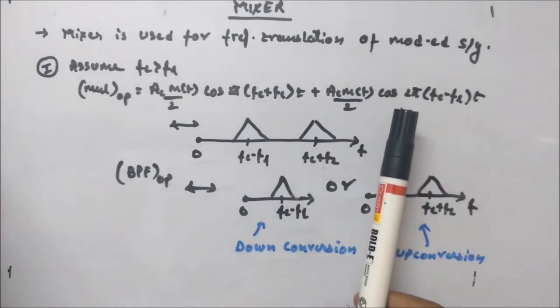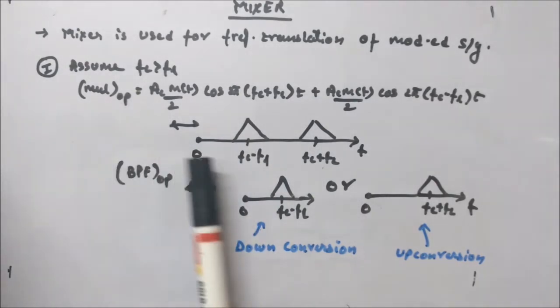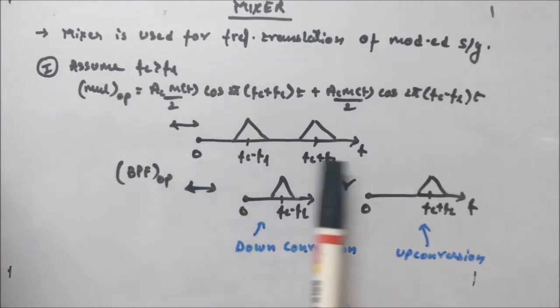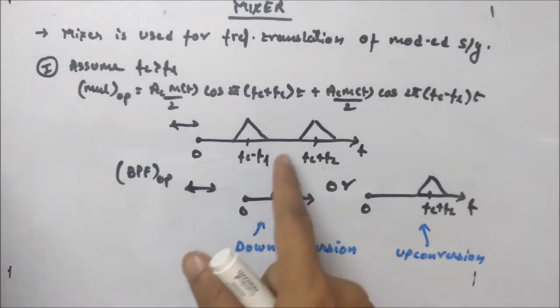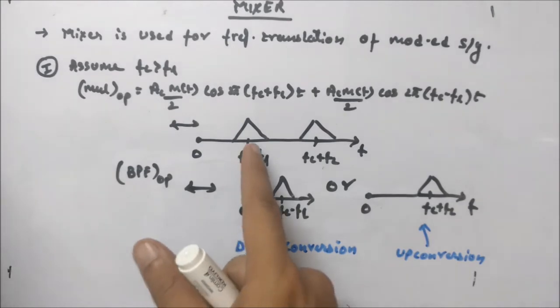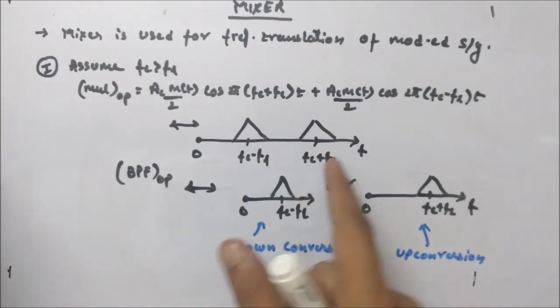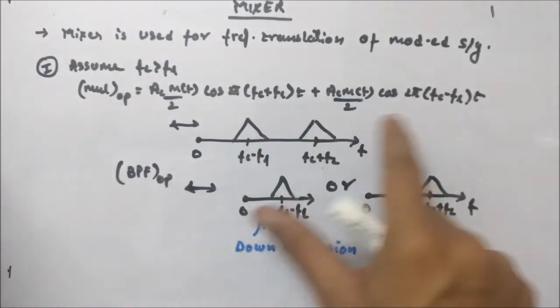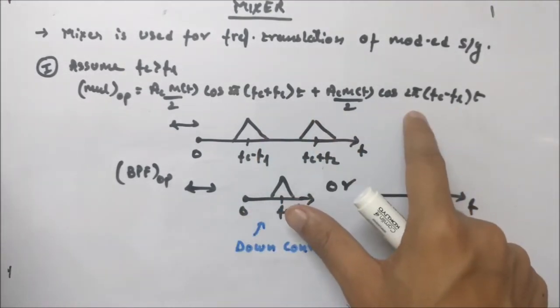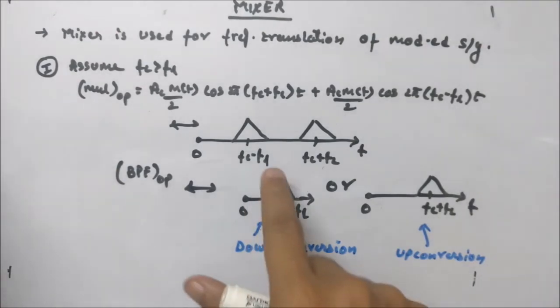This is how the output of a multiplier will look, and in the spectrum, the center frequency has been shifted to fc minus fL, and once to fc plus fL. So fc plus fL is this, fc minus fL is this. Amplitude we don't have to bother about.